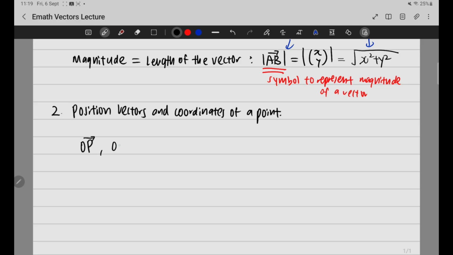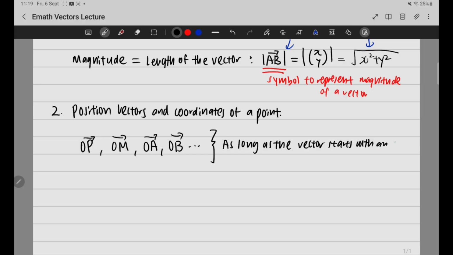Now I'm very sure that you have probably seen a vector that looks like this before, right? OP, OM, OA, OB. Now in vectors, as long as the vector starts with an O, it means that your vector's starting point is 0, 0.